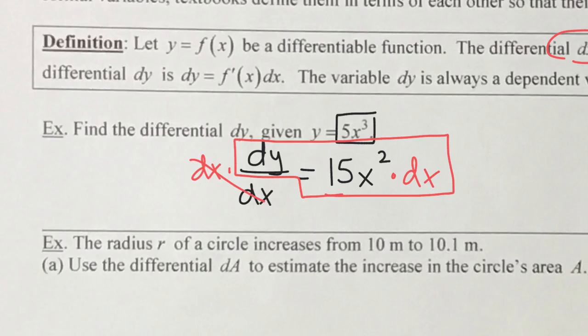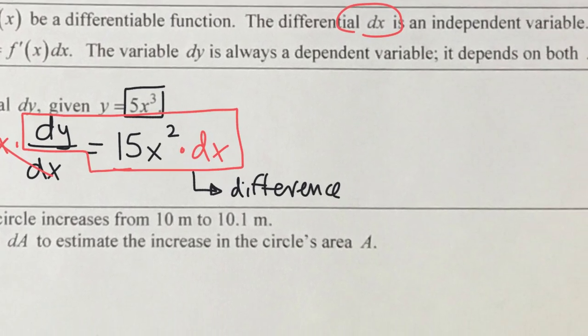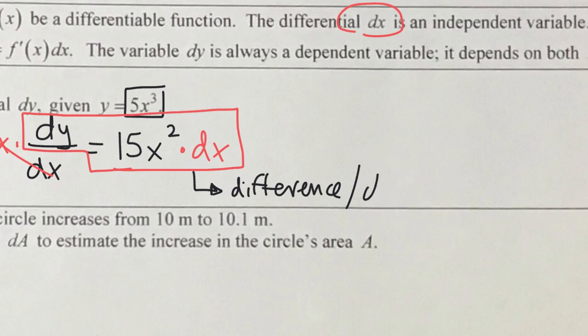Okay, so dx is the difference between your two x values, sometimes called delta x, right? The change in x. That's what dx stands for. It's the difference or the change in your x values. We started with an x value of 1, and we're looking for an x value of 1.01. Right?